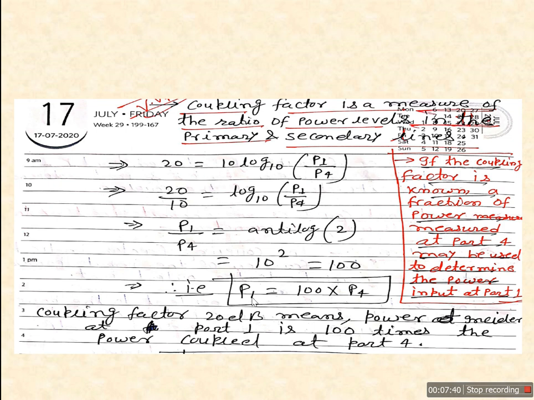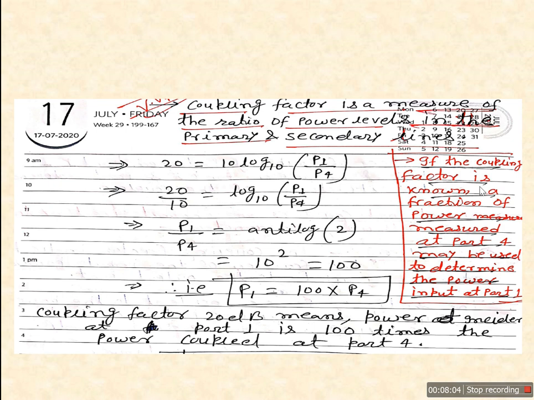That means power at the incident port is equal to 100 times the power at coupled port. Or you can say that power at coupled port is 1 upon 100 times the power at incident port. Coupling factor 20 dB means power incident at port 1 is 100 times the power coupled at port 4.